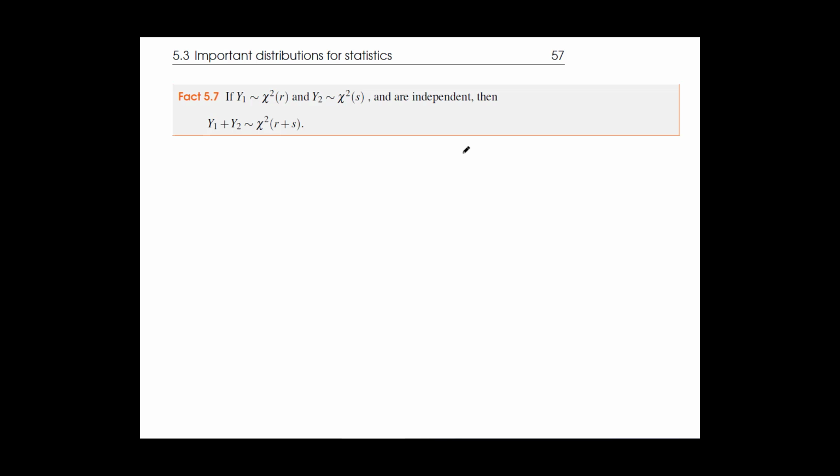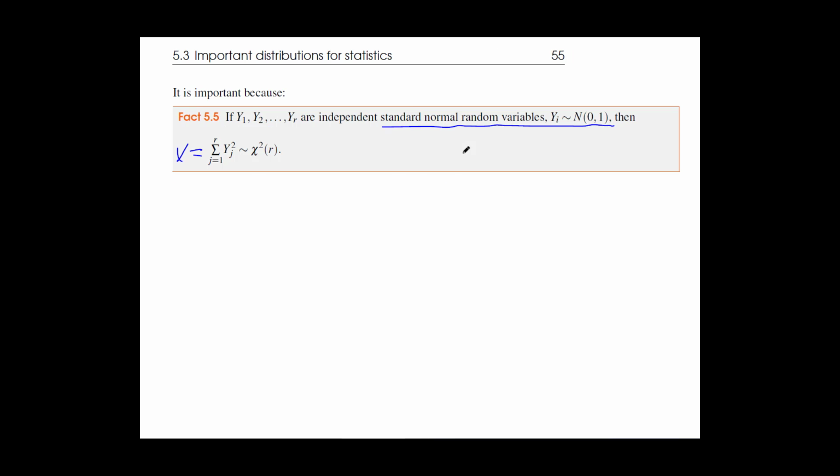Okay, the other thing that's good to know about this distribution is that if you add 2, then the result is going to be also chi-square. And it's very easy to see because if you recall, the definition of chi-square is this one, right? That's the definition.